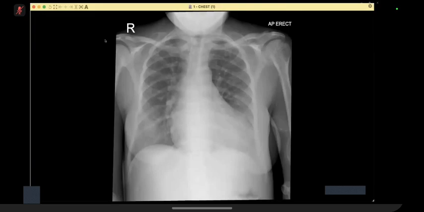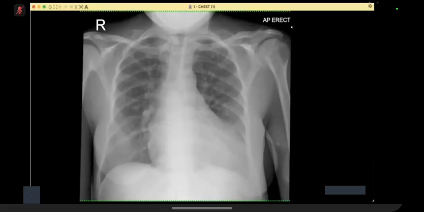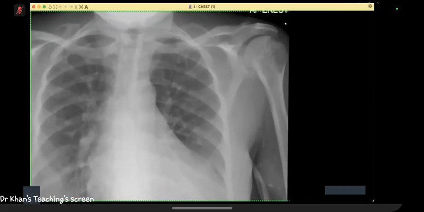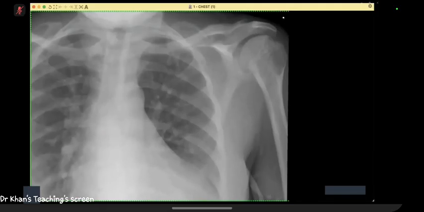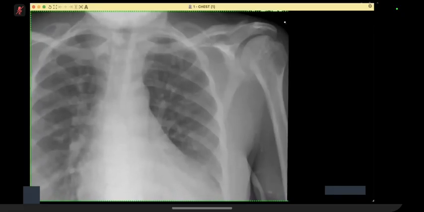The left humerus also, there is abnormal medial cortical erosion, and there is also abnormal trabecular pattern involving the left humeral head with abnormal contour of the glenoid as well.